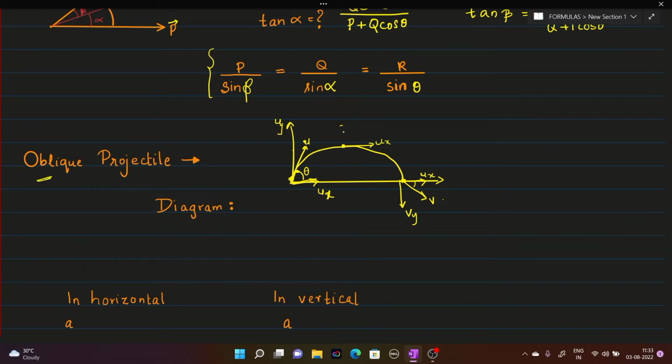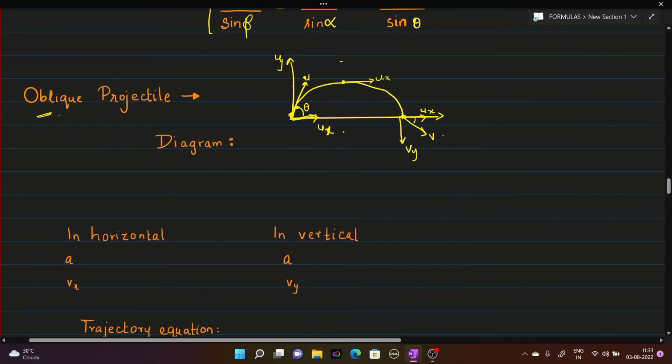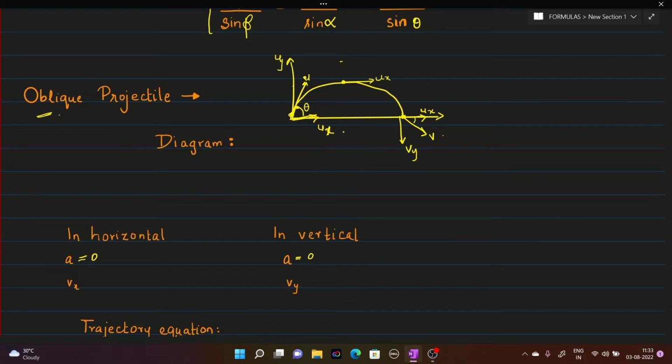Sometimes with oblique projectile we shouldn't get confused: it is from the surface ending to the surface. After that we'll write basic points. In horizontal direction the acceleration is 0, but in vertical direction the acceleration is always acting downwards due to gravity. Velocity in horizontal direction is nothing but the cos component of initial velocity, that is u cos theta.